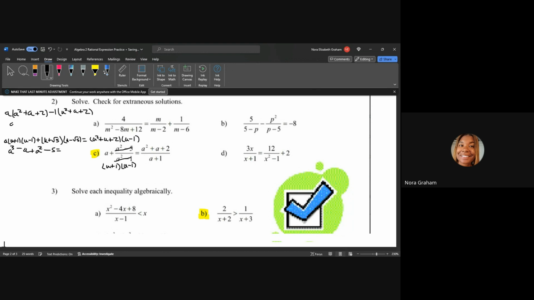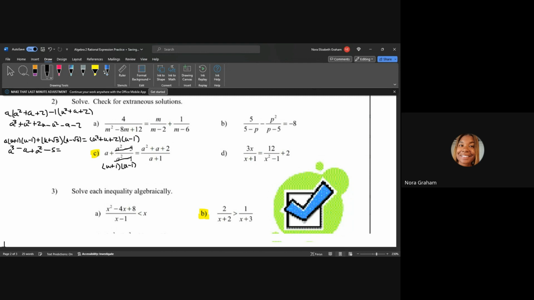I'm going to get a to the third power plus a squared plus 2a minus a squared, just distributing through, minus, oops, almost made a mistake right there, minus a minus 2.